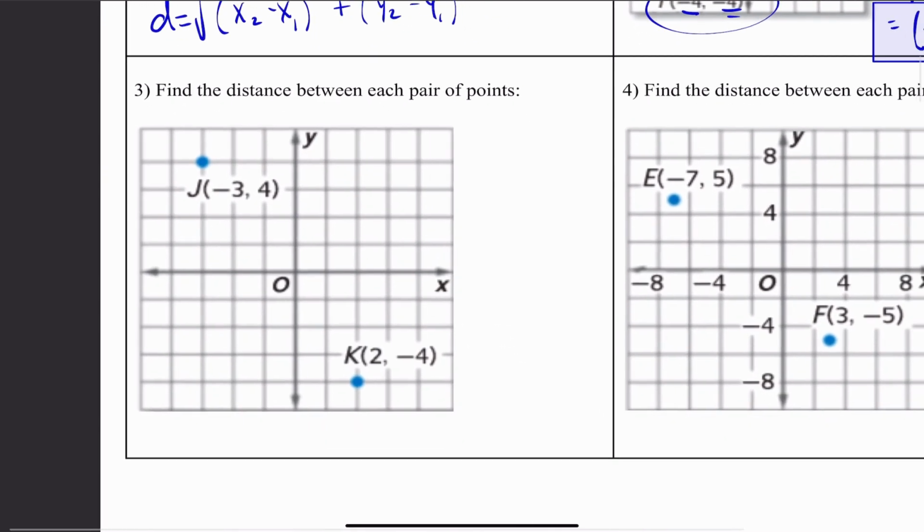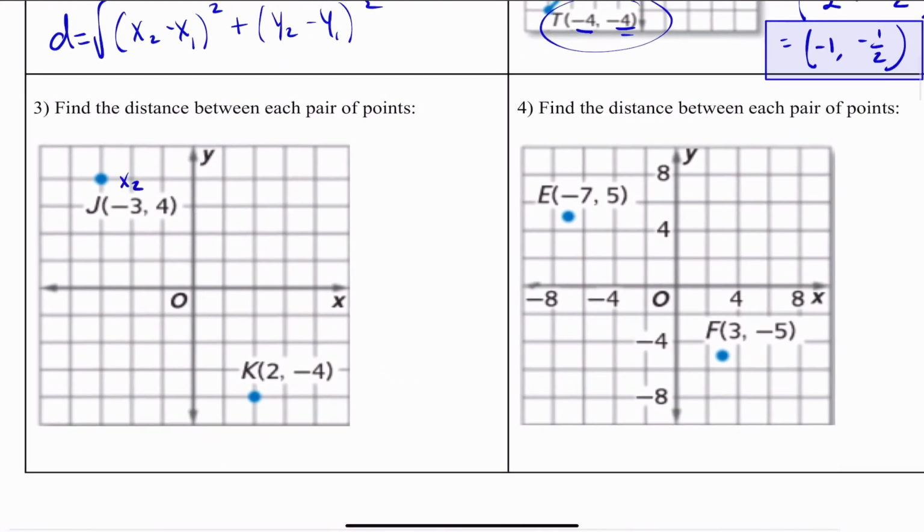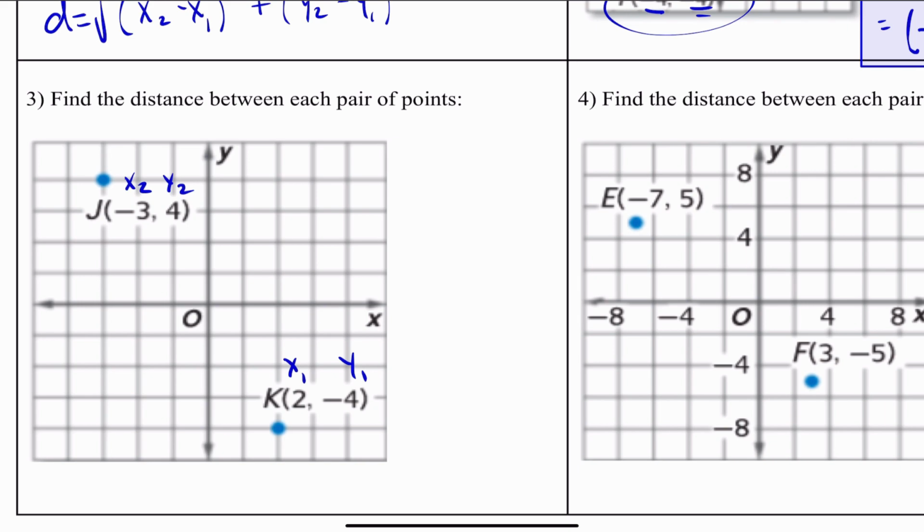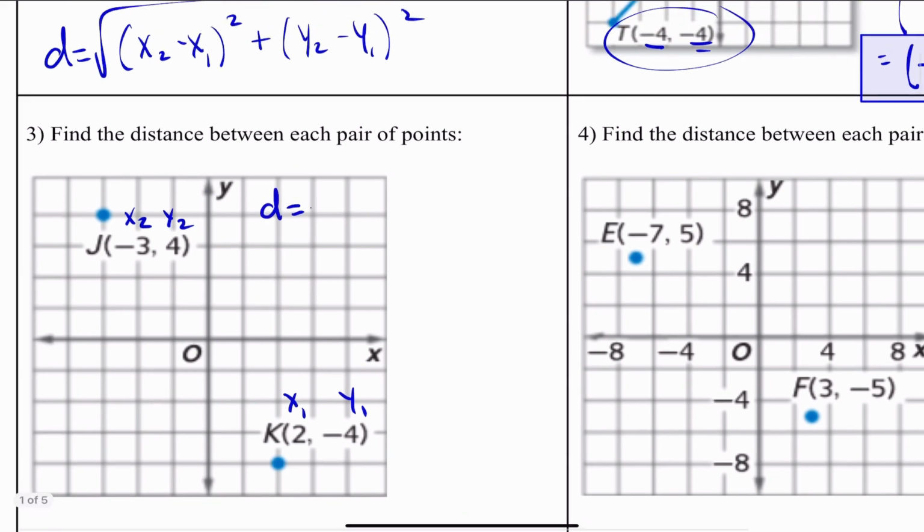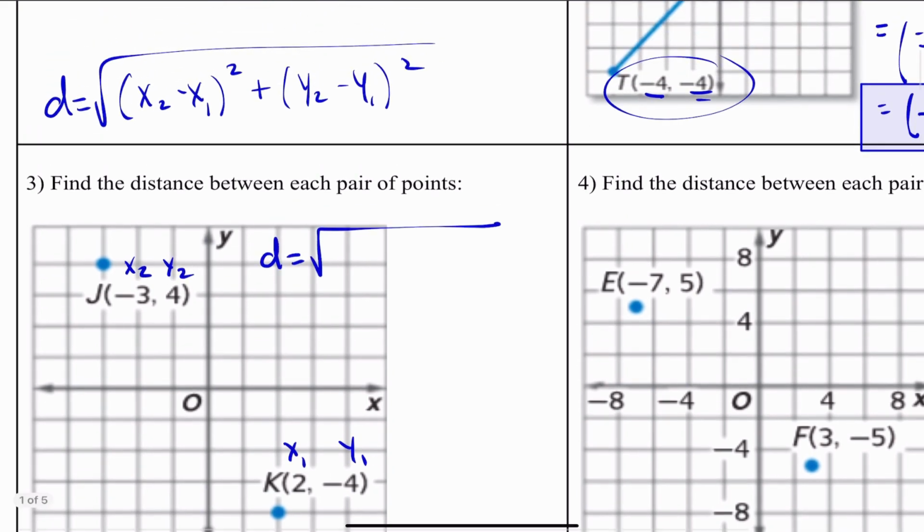Okay, so I can go ahead and label these x2, x1, y2, y1, and then I'm going to start plugging that into my formula. So I have d equals the square root of negative 3 minus 2 quantity squared plus 4 minus negative 4 quantity squared.